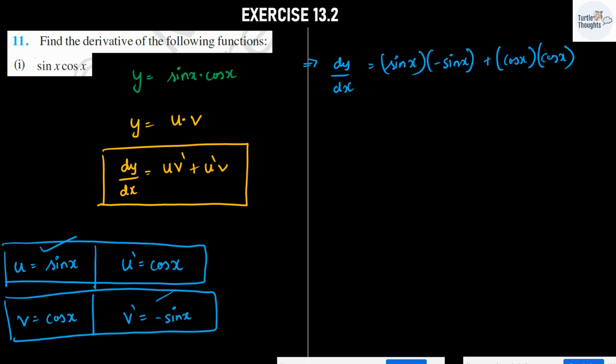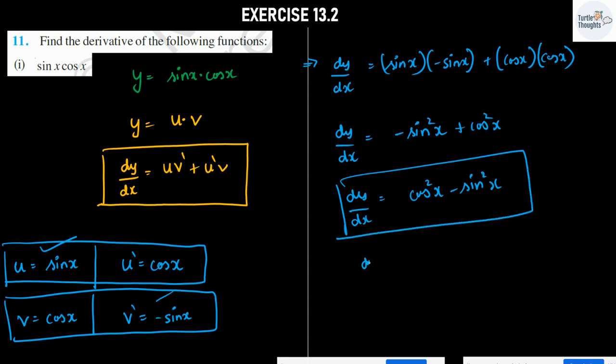Right? Clear? So what is going to be the answer? The answer I will be getting is dy by dx is equal to minus sine square x plus cos square x. Or you can write this as dy by dx is equal to cos square x minus sine square x.